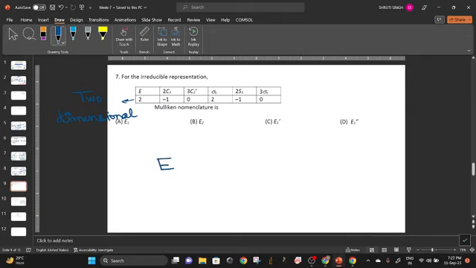E means a two-dimensional representation and T means a three-dimensional representation, like Eg and T2g for d orbital splitting. Those are Mulliken symbols. So we have decided that the symbol will be E.